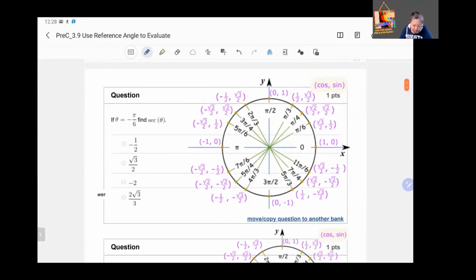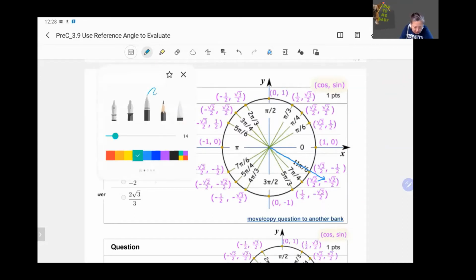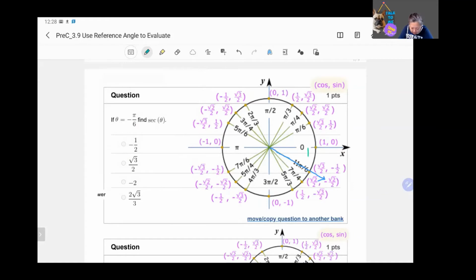Next one. Now I have to find pi over 6, but negatively. So from 0, I will go downwards, clockwise. How far? 1 piece of pi over 6. So in this case, my terminal side is here, and my reference angle, right triangle, will be this way.